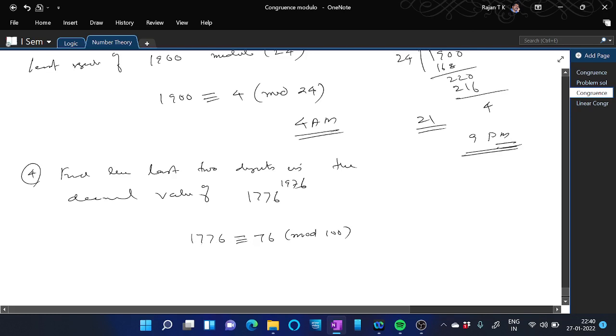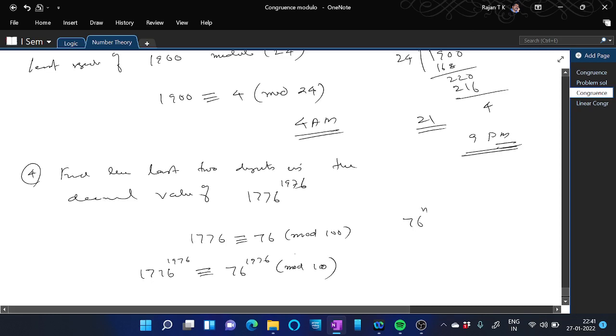So we want to find the last 2 digits in the decimal value of 1776 raised to 1976. It is clearly congruent to 76 raised to 1976 mod 100.